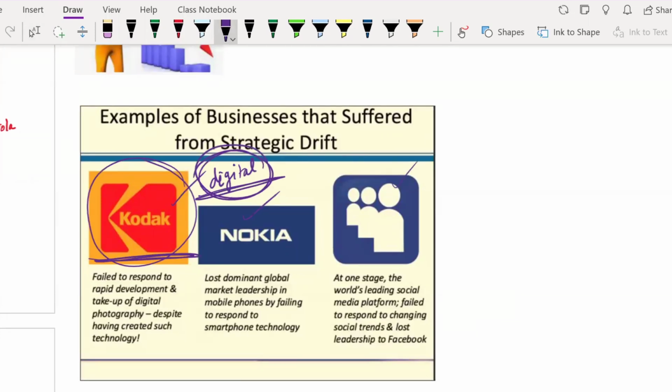It thought this might not have a market, and only focused on films and reels. Other companies started adapting it, moved forward and captured the market share, whereas the inventor of digital photography didn't adapt and had to lose out on its market share. So here the strategy of Kodak miserably failed.